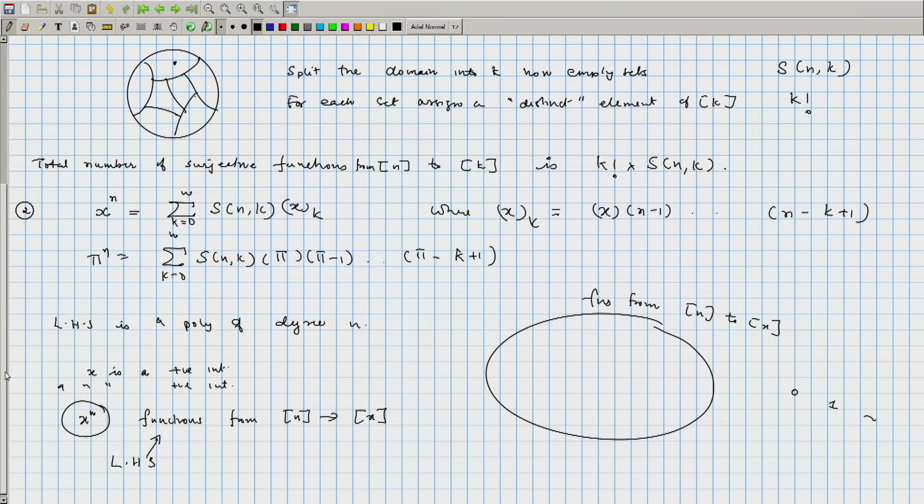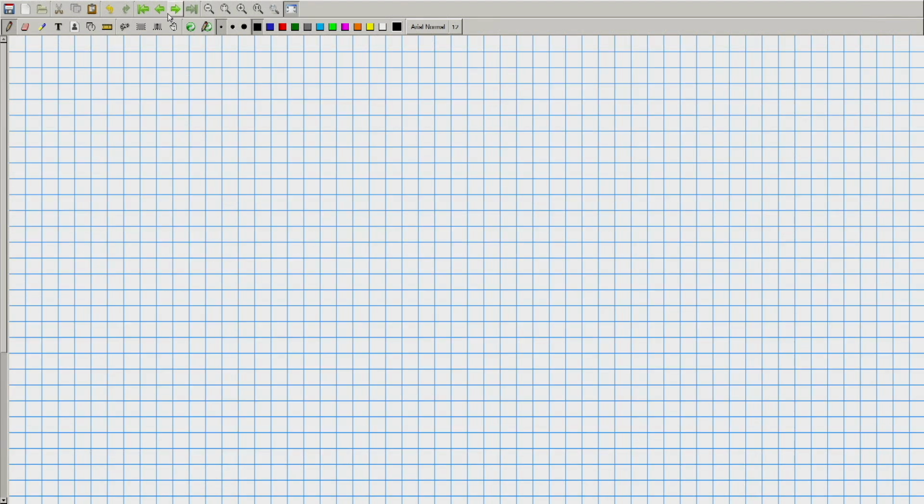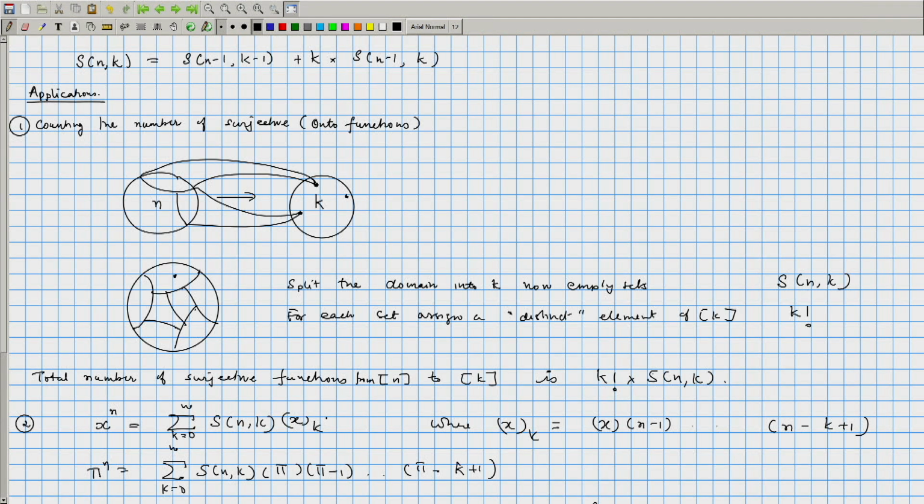So, if you look at functions from n to x whose image is of size i, how do we count that? The first step would be to count the number of functions from n to x whose image is a set of size i. So, basically that quantity would be the ith term in the RHS.